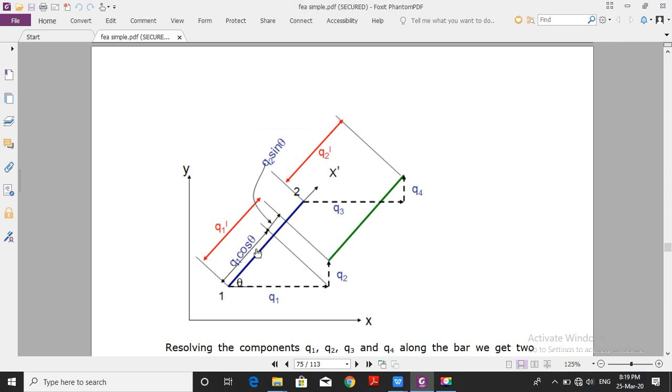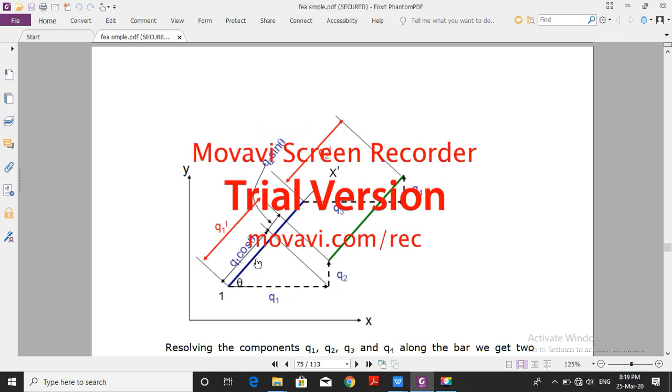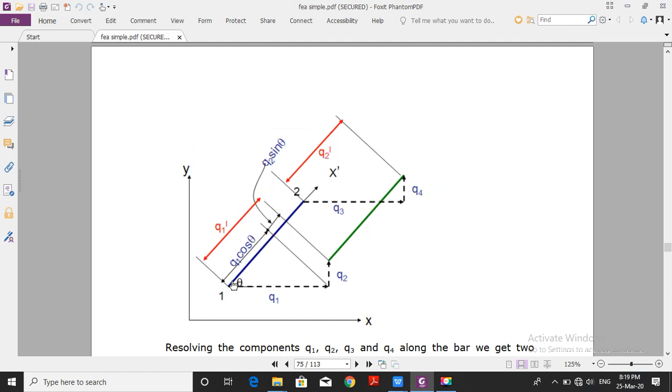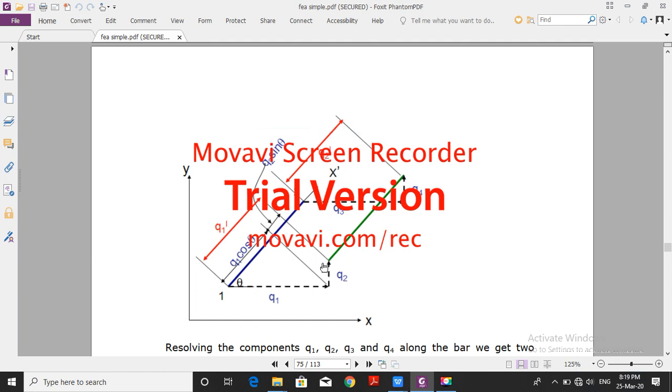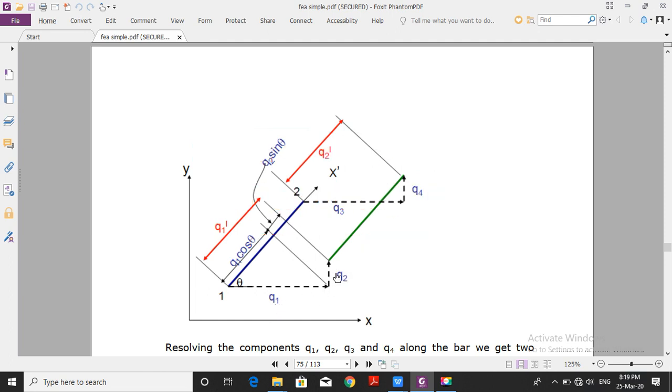First we will see the dimensioning, or nomenclature. At this element we are seeing that the position of node 1 is going to change to this point. It is changing its position in x direction equal to q1, and in y direction equal to q2.